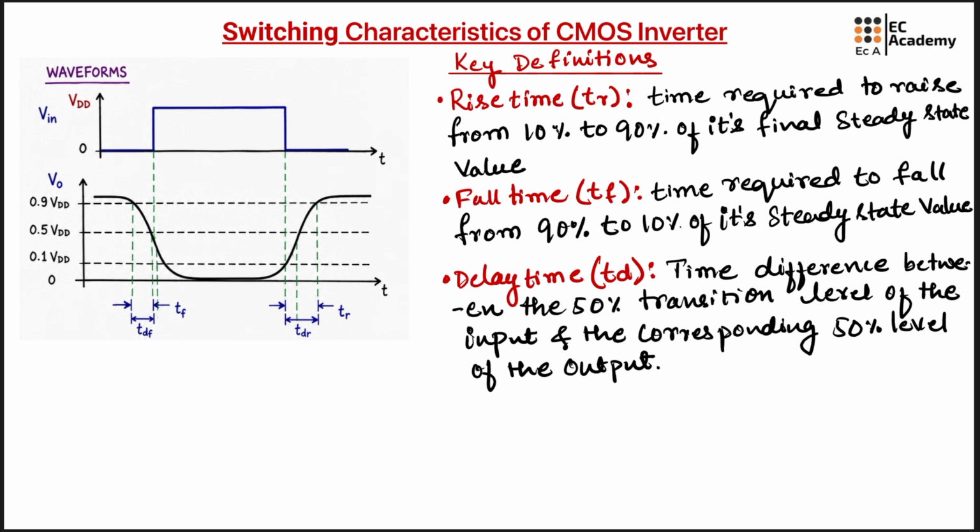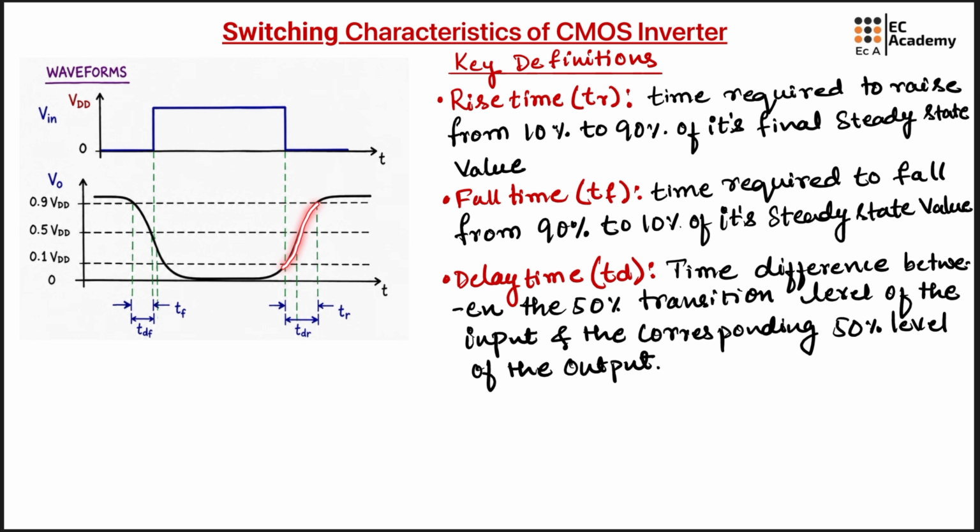So you need to remember, in fall transition, the output changes from high to low, and the transition from 0.9 VDD to 0.1 VDD is fall time, and the delay associated with the fall time is TDF. Similarly, during rise transition, the output will rise from 0.1 VDD to 0.9 VDD.